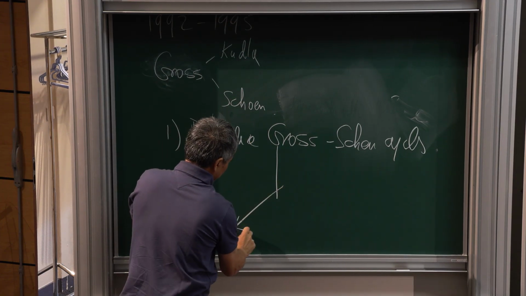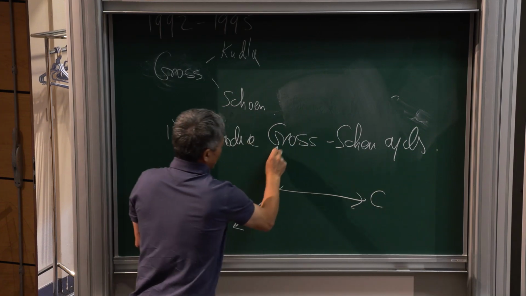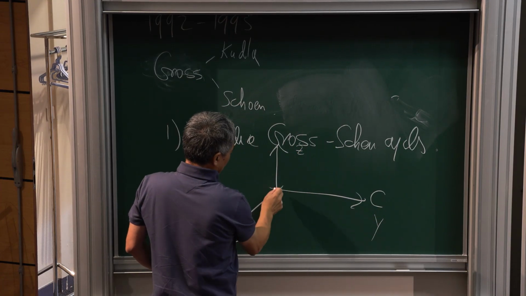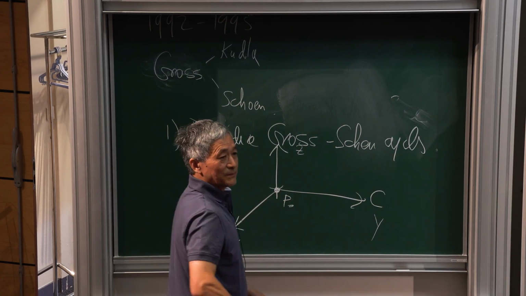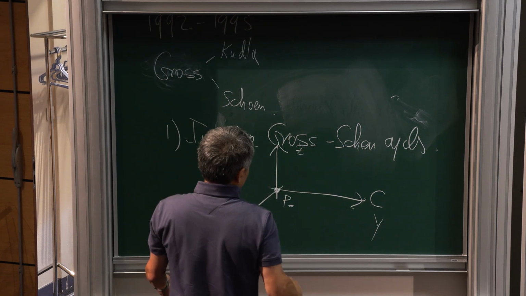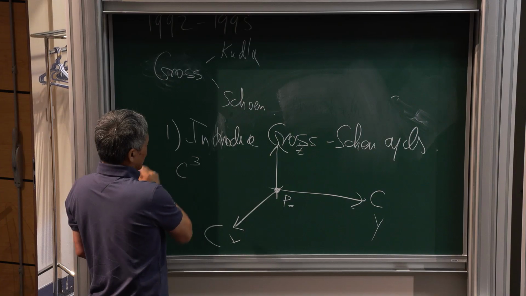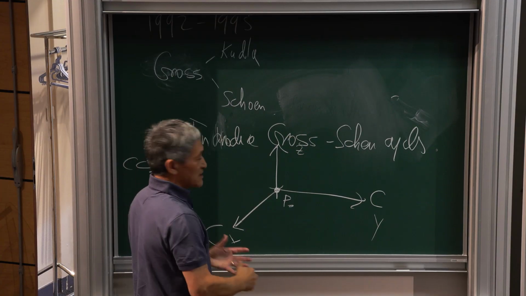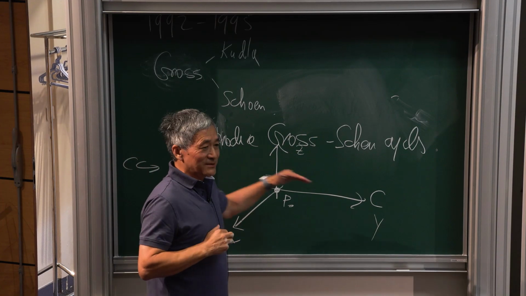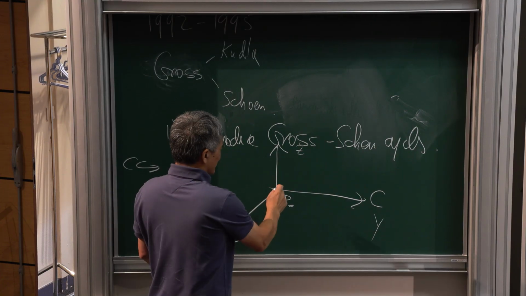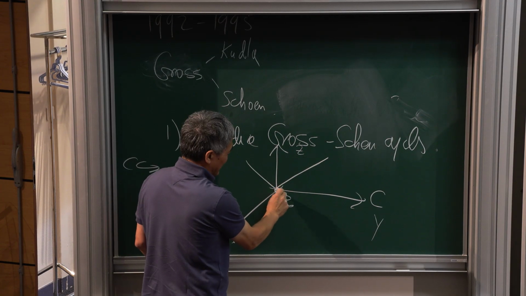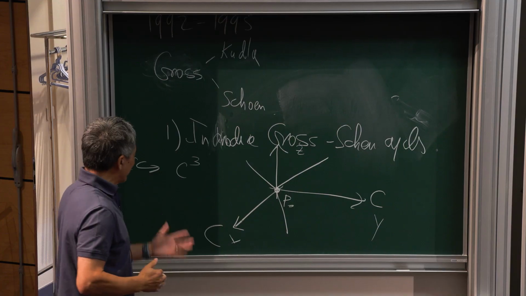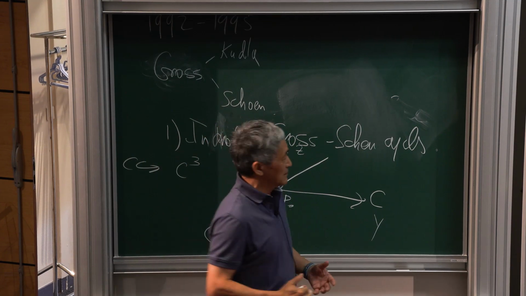You have a curve C, and C^3 with coordinates x, y, z, and you start with a base point P0. Inside C^3, you can embed C in 7 ways: either by the 3 axes, or by the 3 partial diagonals, or the main diagonal. So you have 7 ways of embedding.